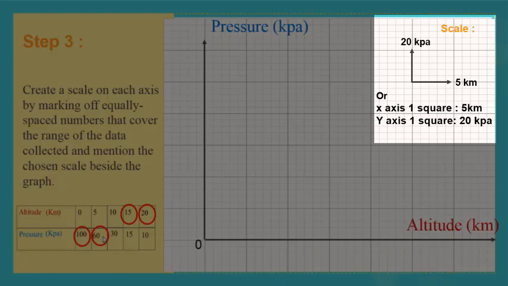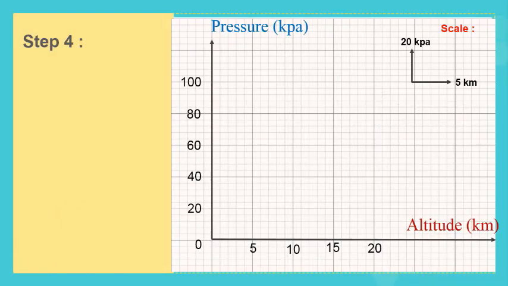The values will be now: at the intersection we have 0 for the x-axis and the y-axis. Now 5, we start by 5. 5 plus 5, 10, 10 plus 5, 15, 15 plus 5, 20. On the y-axis, the multiples of 20, so we start by 20. 20 plus 20, 40, 40 plus 20, 60, 60 plus 20, 80, 80 plus 20, 100.